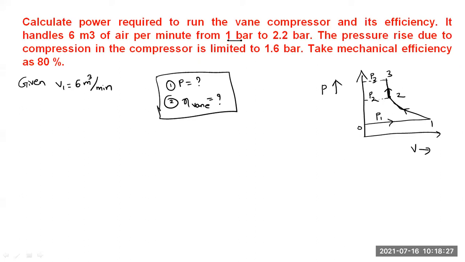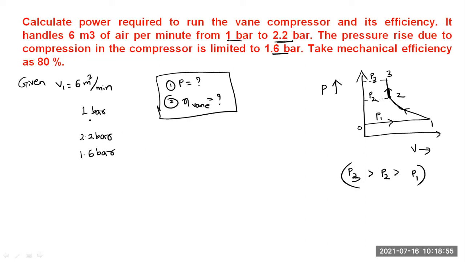What is given? One pressure is 1 bar. Second pressure is 2.2 bar. And one more pressure we have is 1.6 bar. Okay. And from this diagram we have seen P3 is the highest one, P1 is the lowest pressure, and P2 will lie in between P1 and P3.